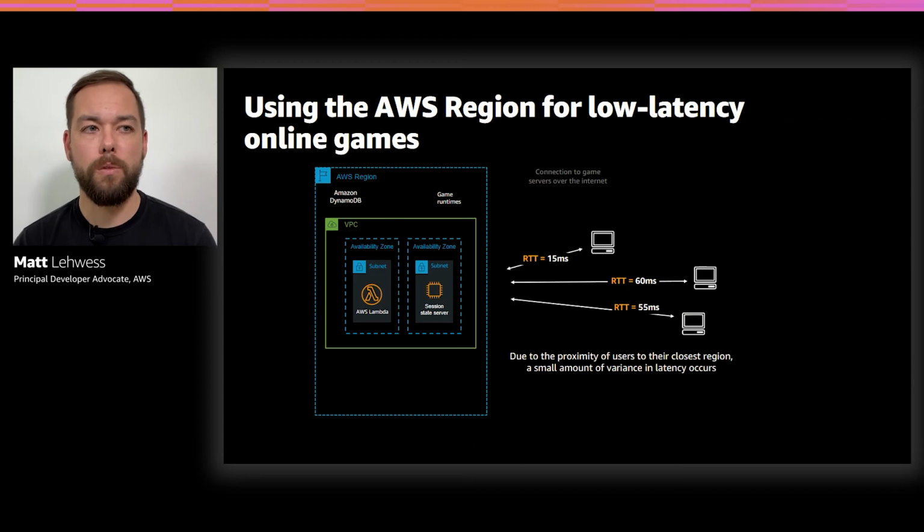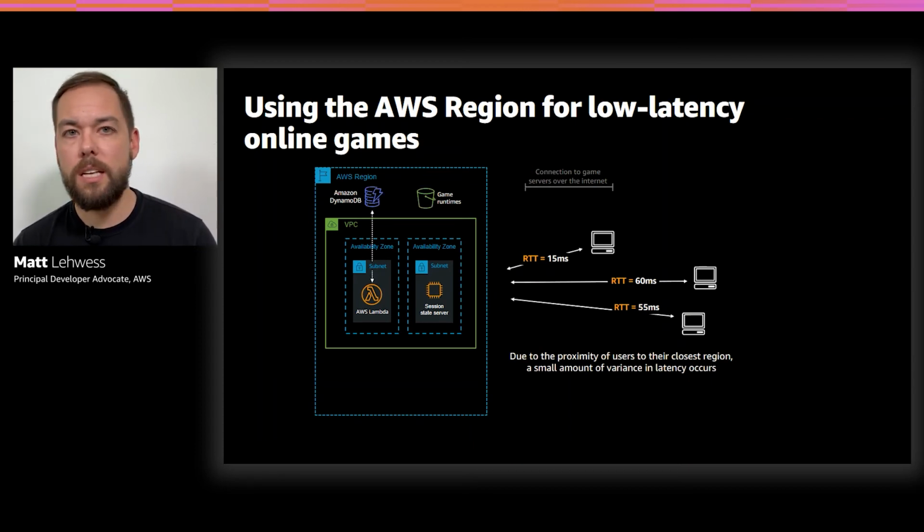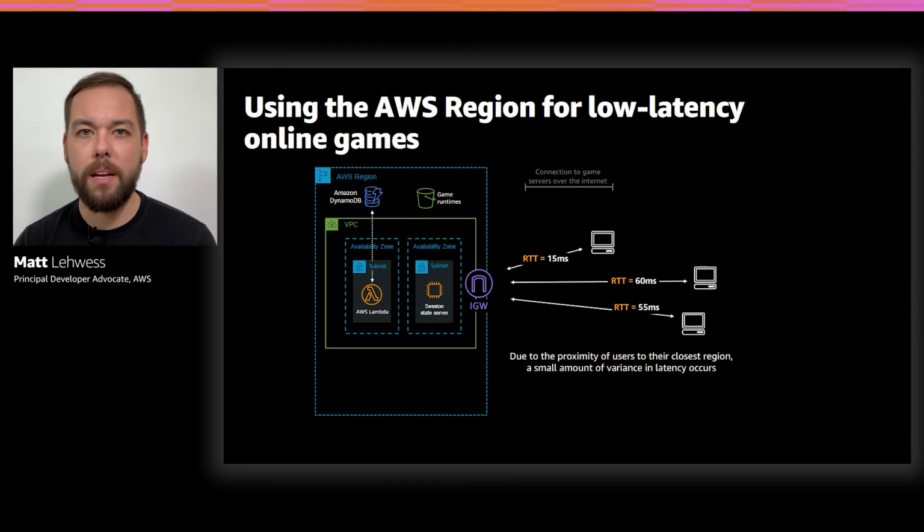In this case, we've got customers connecting to a session state server and maybe some game servers, using DynamoDB as well, maybe some Lambda, maybe having some game runtimes operate inside S3, for example. And you see there's a little bit of variance in latency between users. We've got 15 milliseconds with one user, but we've got 55 and 60 milliseconds with other users.